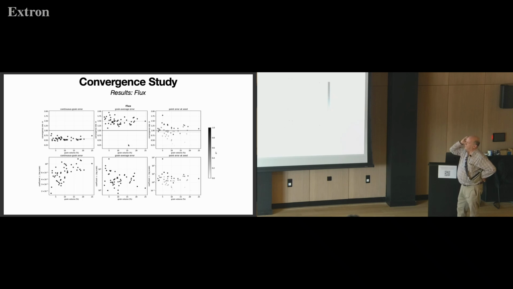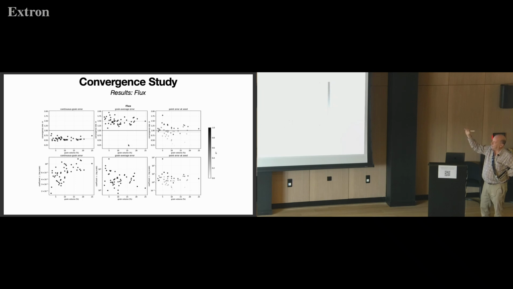But still, that leaves unanswered how come when I ran this with isotropic, I got the perfect 1, but for the grain averages, I still only got like 1.5, 1.6. My explanation for that is, well, you think the grain averages should converge one more, if the continuous grain errors are converging fully.